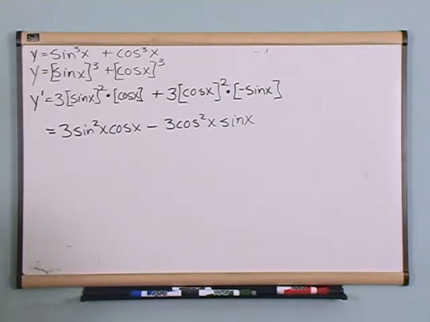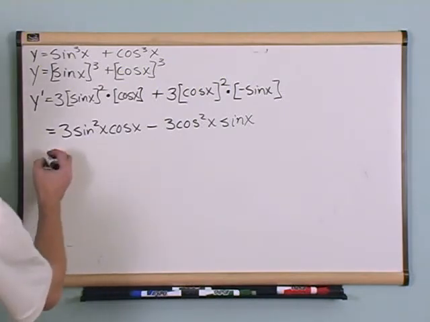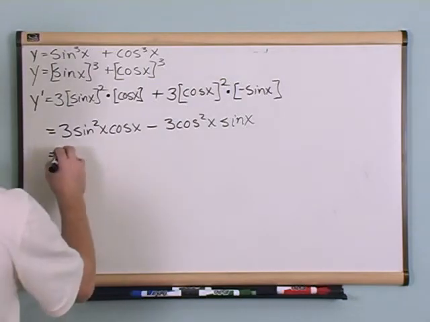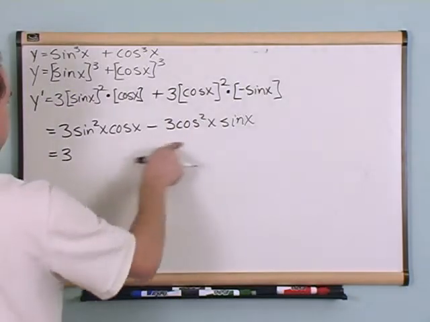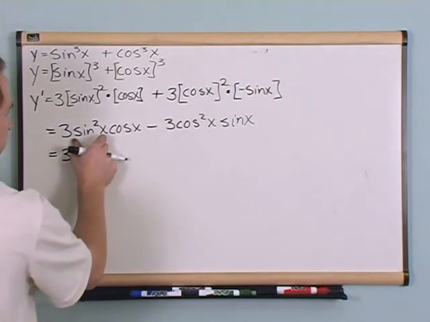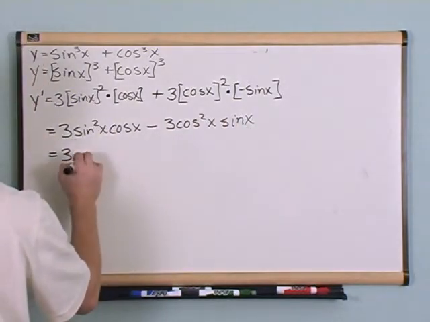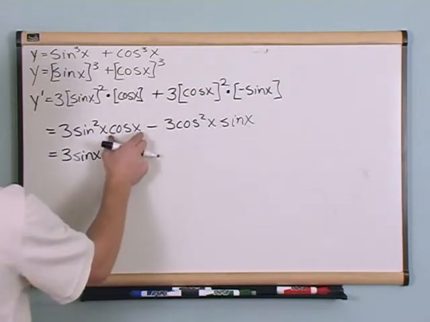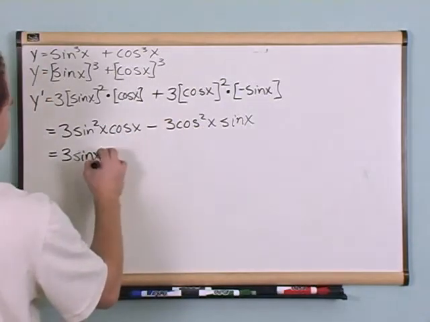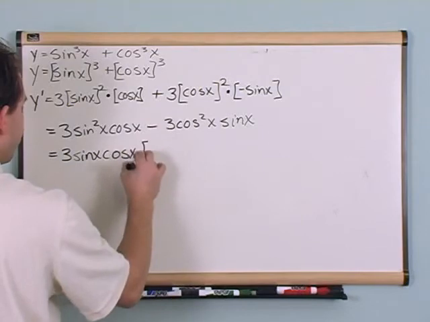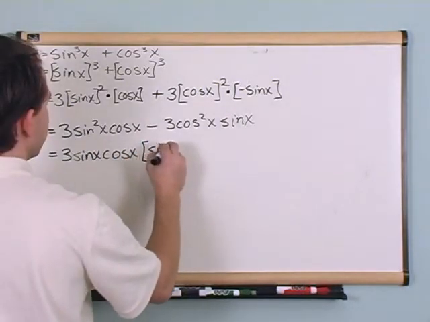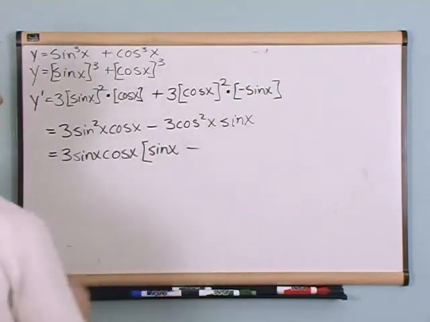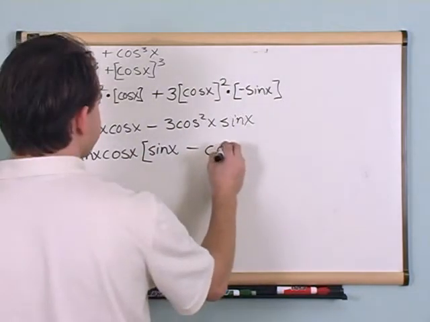Now, this isn't too much of a simplification, but you can factor it a little bit further, and you can pull out of this what's common to both terms. Well, 3 is common, okay, I've got sine squared here, and I've got sine, so I can pull out 1 sine of x here. And I've got a cosine here and a cosine squared, so I can pull out another cosine of x here. And on the inside, what I'll have for this first term is just sine of x. Okay, and for the second term is just cosine of x.